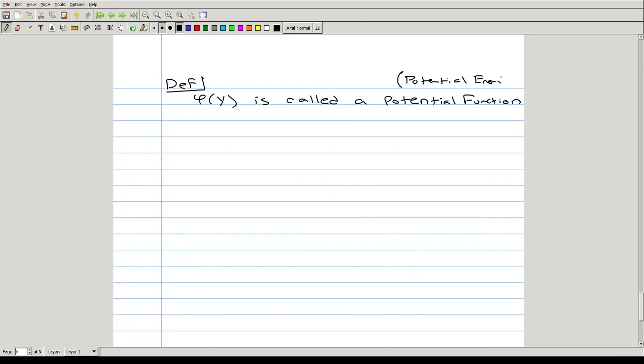We'll see it's more general than that, and it applies to more general scenarios, but it's very, very intimately related with the potential energy function in physics.